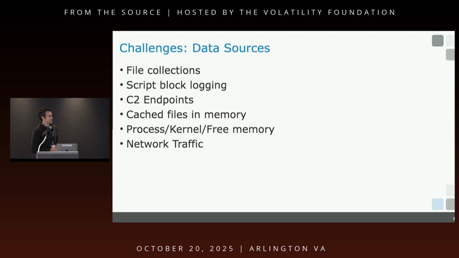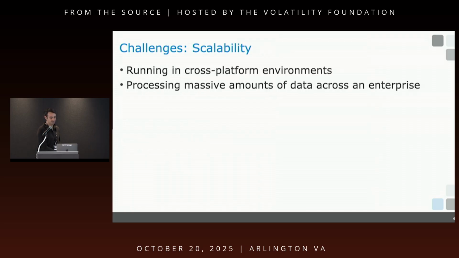We also see a lot of things paged out or smeared in process, kernel, or free memory. And maybe even in rare instances, you pull a script out of network traffic. So you want something that is going to be scalable. You want it to be able to run in cross-platform environments, and you want it to be able to process massive amounts of data across an enterprise.